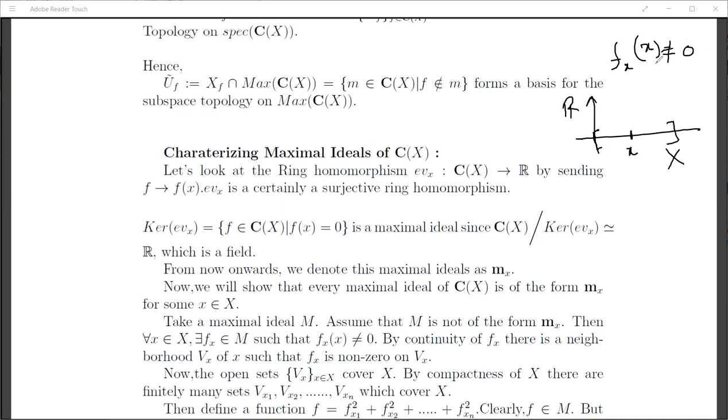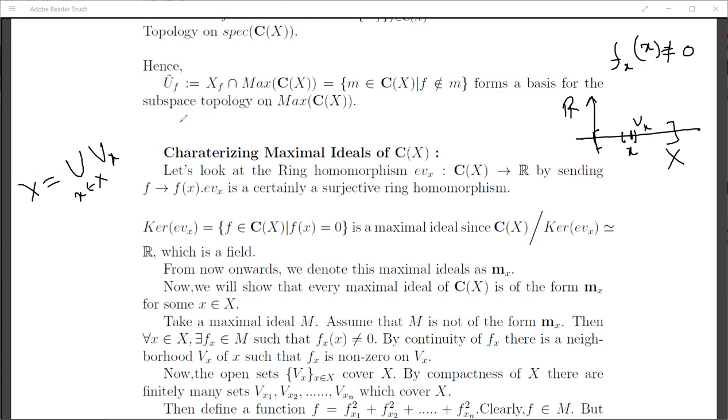So now use the continuity of this function. So what will happen is that my x will have a neighborhood, let's call it V_x, such that my f_x, in my notation, just f sub x, does not vanish on the open neighborhood V_x. And then what we can do is cover the whole space X by these small neighborhoods.